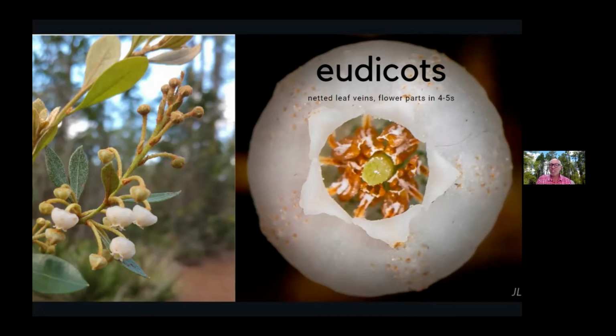And luckily, we have a dear friend, John Lampkin, who can take a macro photograph of anything and it'll come out perfectly. Here's my picture that's bad and blurry of the coastal plain Lyonia or Fetterbush. And here's what John got.